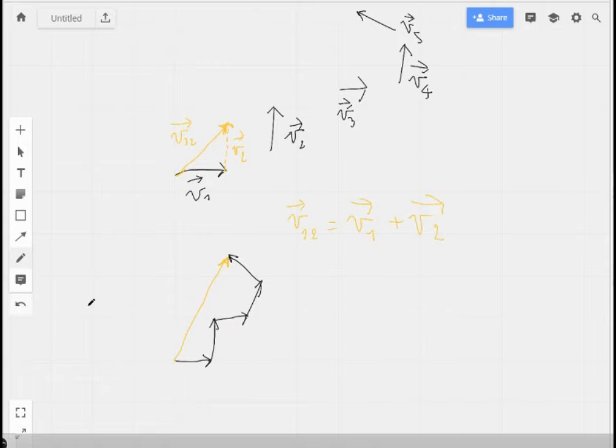Let's call this S. So what we can say is that S is equal to v1 plus v2 plus v3 plus v4 plus v5.